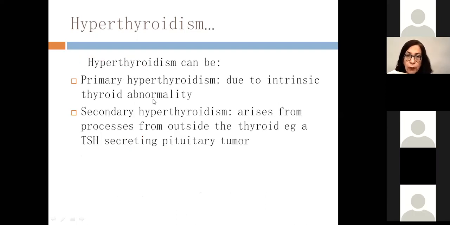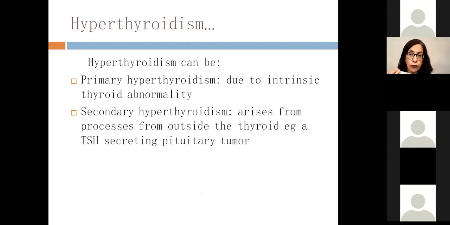Okay. Now we come to hyperthyroidism, which can be primary. In endocrinology, if the gland which is causing the disease is abnormal, that is primary disease. If the main gland is normal, but there is something other than the gland, then it is called secondary.